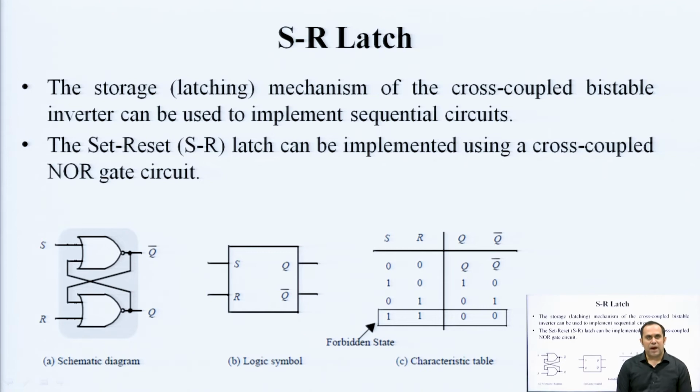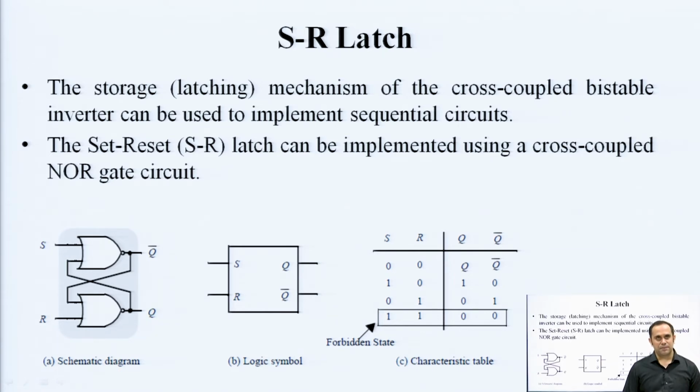Now, using that bistable element, the basic connection of two inverters connected in cascade and coupled together, use that as a basic starting point, and instead of inverters try different logic circuits.